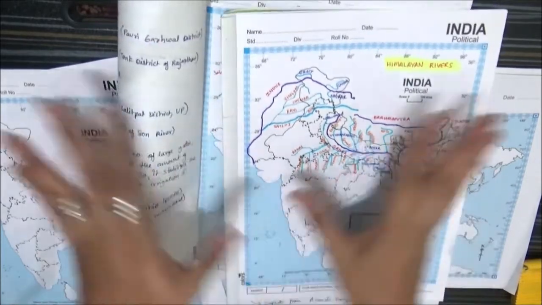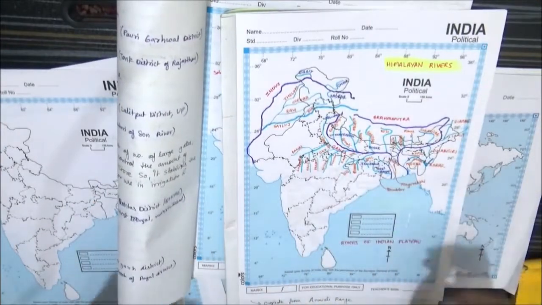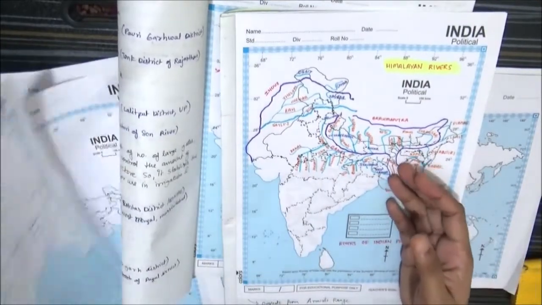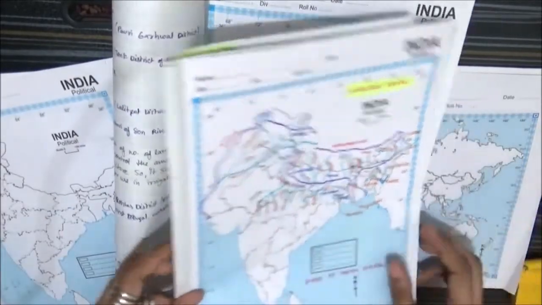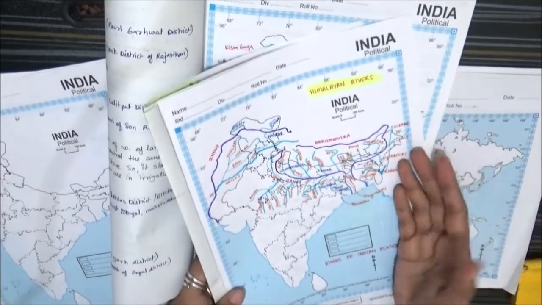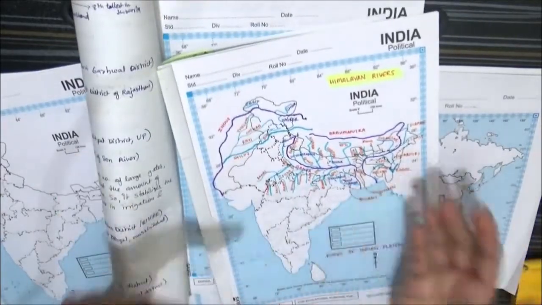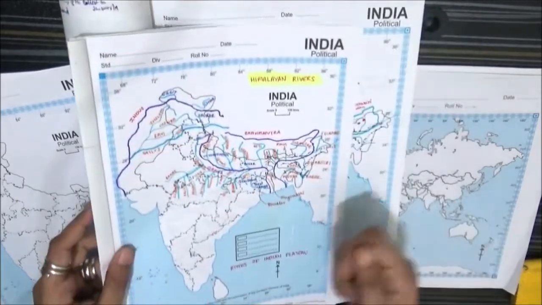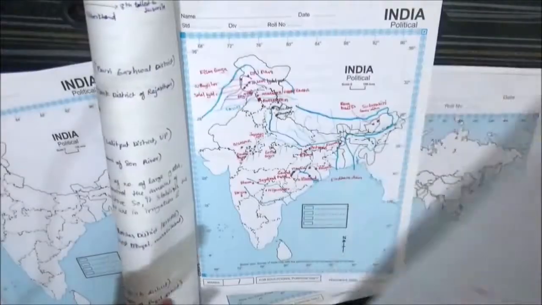But in the beginning, I think this is sufficient, and it is very good in the initial phases that we have these empty maps and we keep on practicing the things which we are learning. Either it's the static portion or the dynamic, the current affairs which are going on, we can also keep on marking it, and we can just clip it in our notes also.